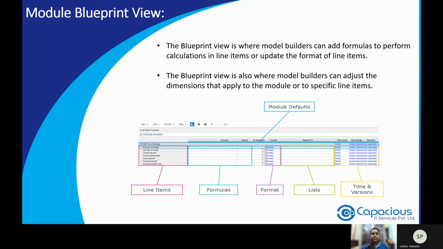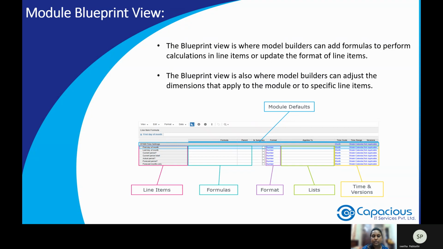Mainly we use the blueprint view for adding formulas for calculation purposes, giving a summary method, or changing the time scale or version. In this way, we can change the module layout in the blueprint view.